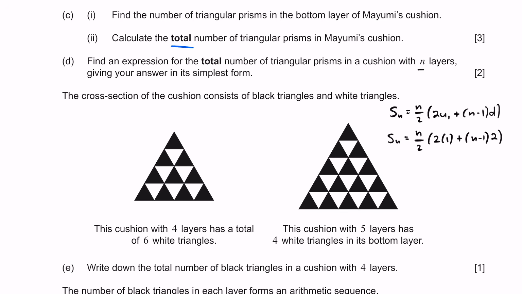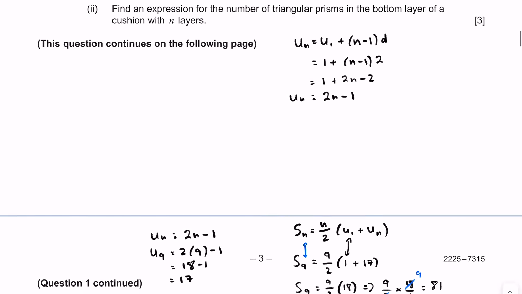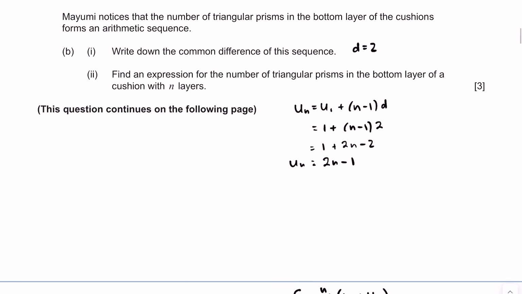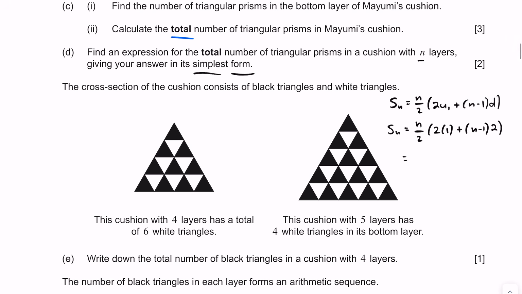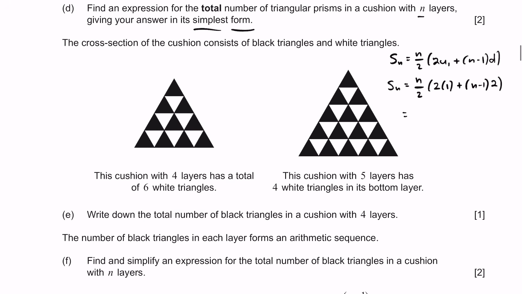All right, now let's try to clean this up a little, because in this case they're asking us for simplest form. In the earlier question, they didn't ask us to write it in simplest form, so that would have been perfectly fine. Here, if they ask us to write it in simplest form, then we actually need to simplify and expand. So that's what we need to do here. So let's go. n over 2. 2 times 1 is just 2.